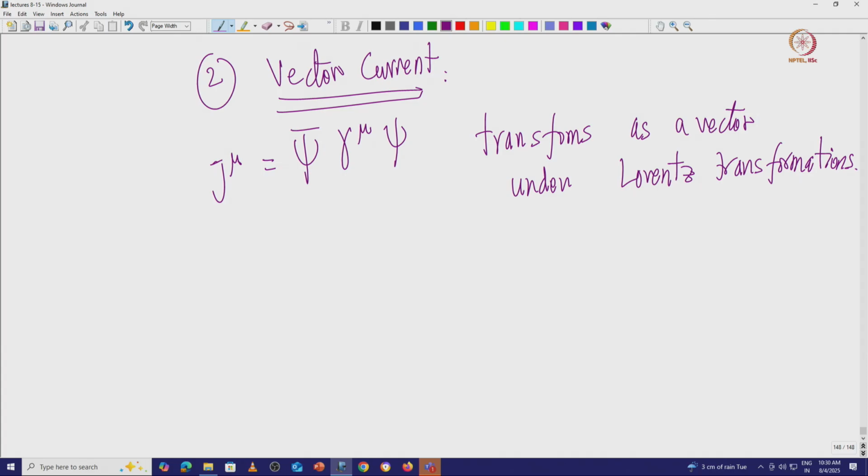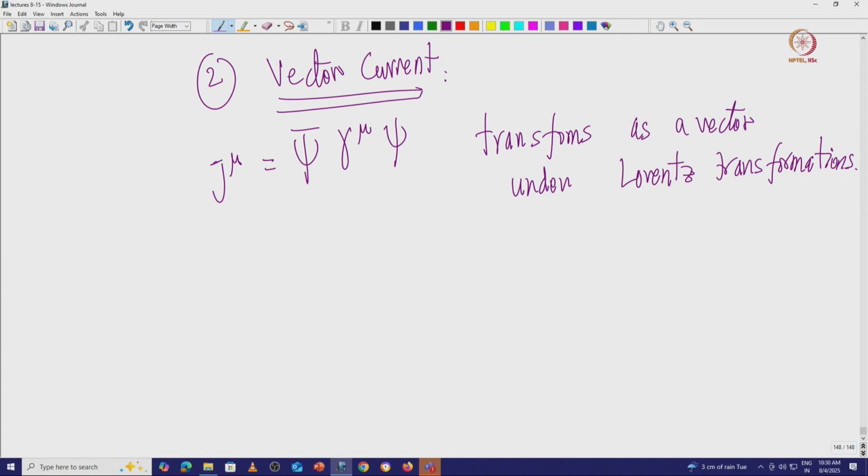The way to show it is to take infinitesimal Lorentz transformations. You do not have to do the full exponential; take the first term, expand it, and then you show that this is the term.